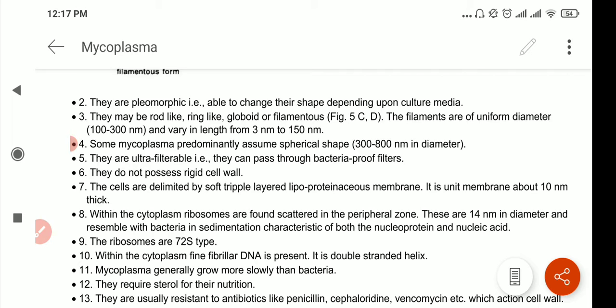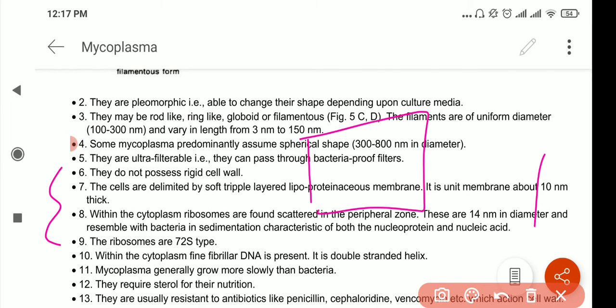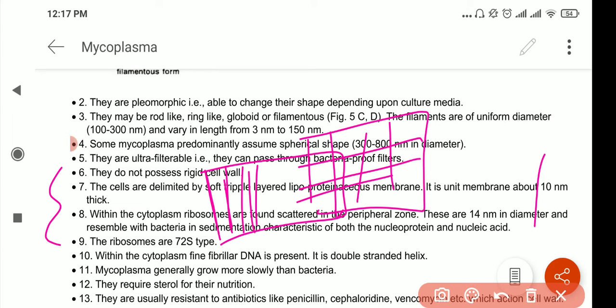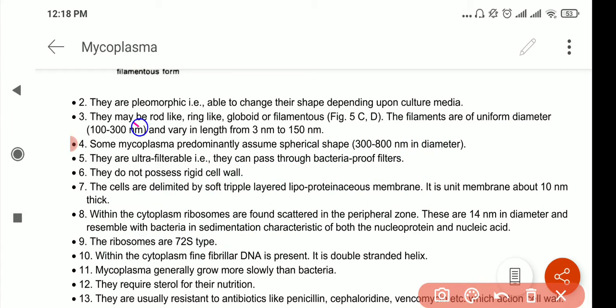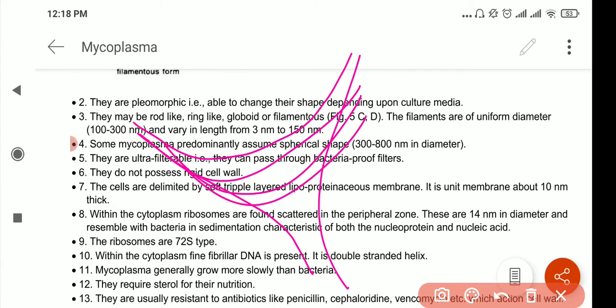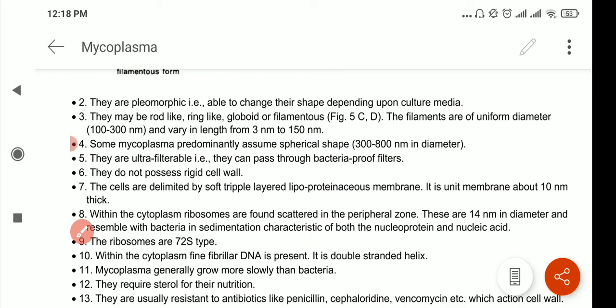The first layer has larger fibers, the second layer has smaller fibers, and the last layer has even smaller fibers, so that when the virus comes, it might get stuck here or there, or at least in the third one. That's why you wear a 3-ply mask. If you keep as many filter papers as possible, with very fine pores, still the mycoplasma can pass through because they are so small. They will just seep through.